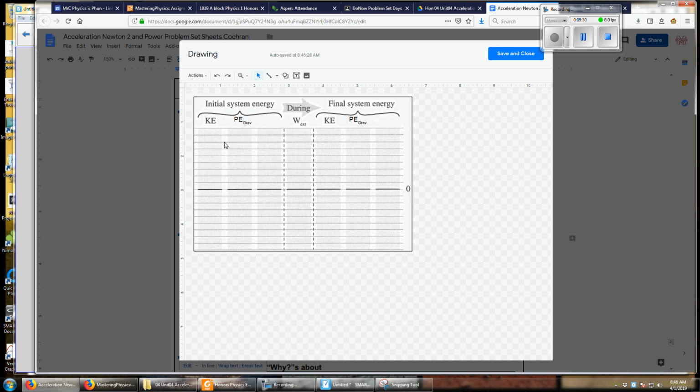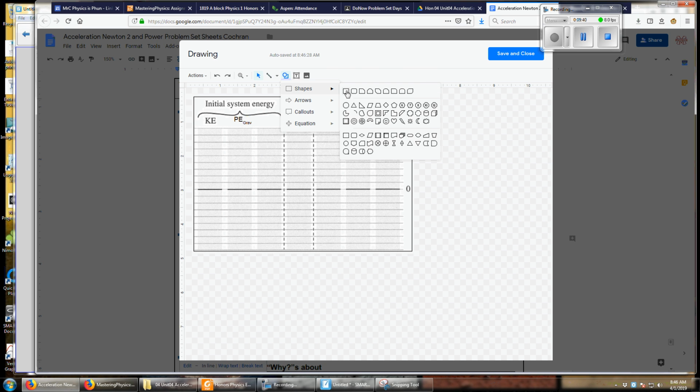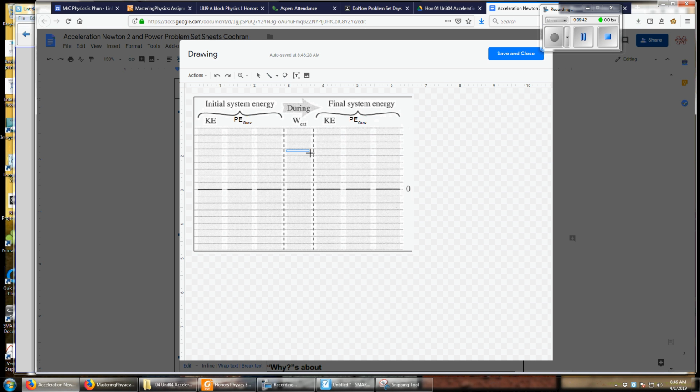All right, so at the beginning, I'm assuming I'm standing still. No kinetic energy, I'm at the bottom of the stairs. Then I'm going to do some work. Let's say this much work as I go up the stairs.